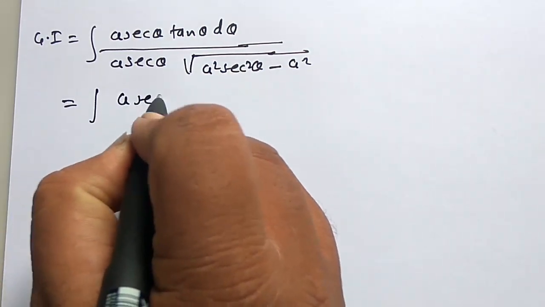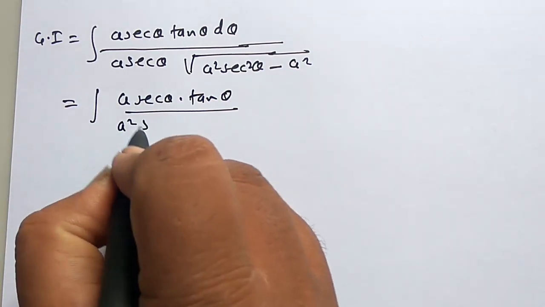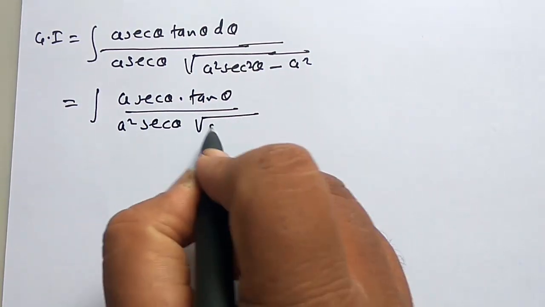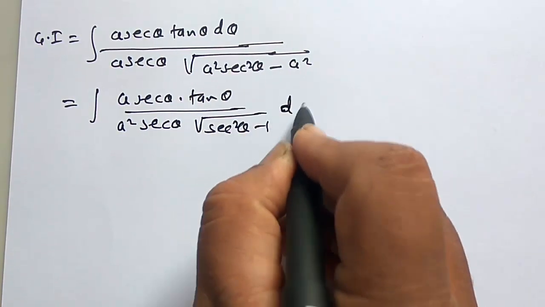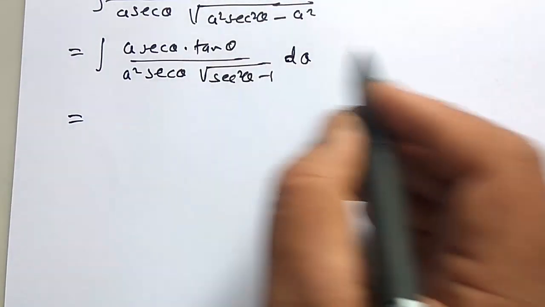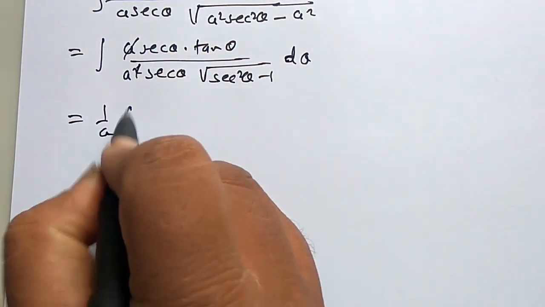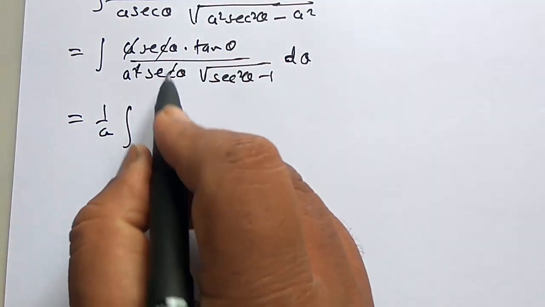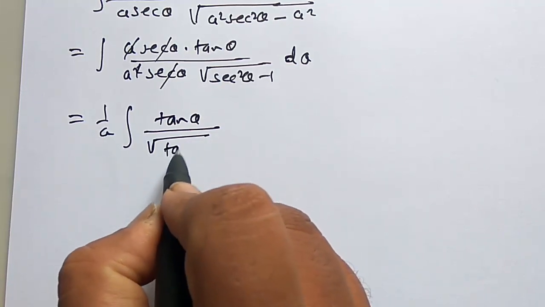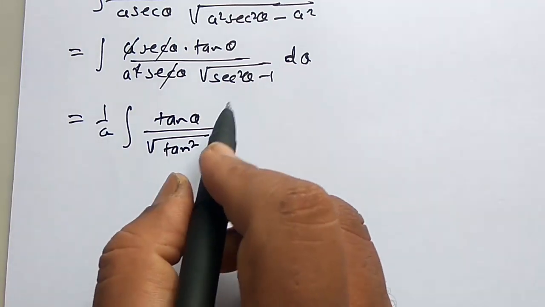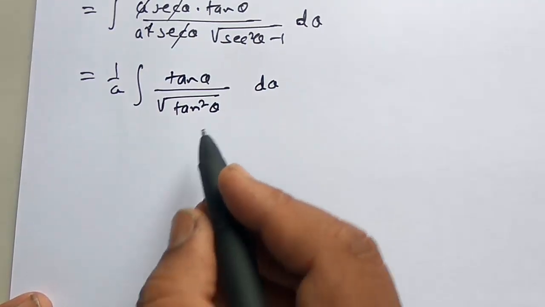So a sec theta into tan theta upon a into a square sec theta under root of sec square theta minus 1 d theta is equal to, a cancels with one factor of a, so 1 upon a, sec theta with sec theta, so it is tan theta upon under root of tan square theta d theta. Sec square theta minus 1 is tan square theta.